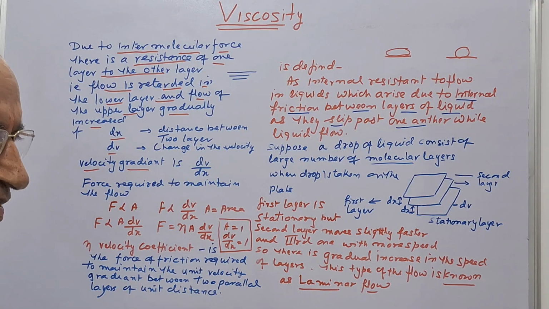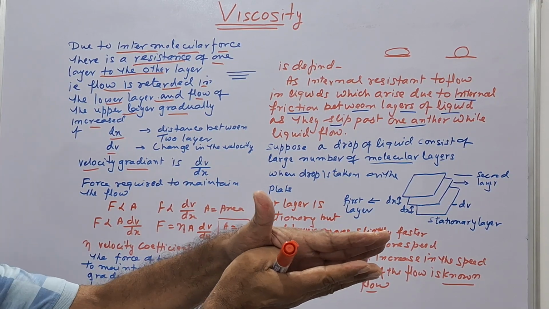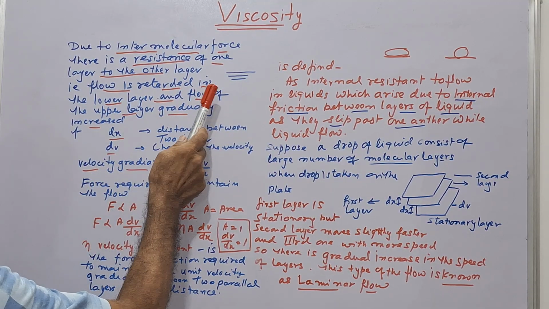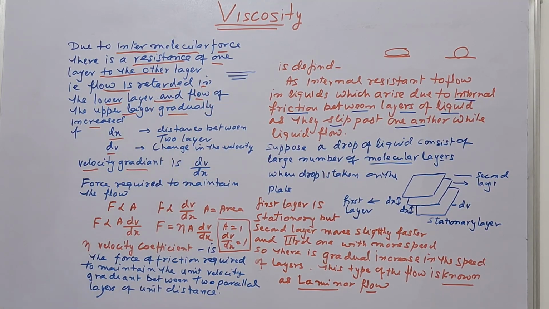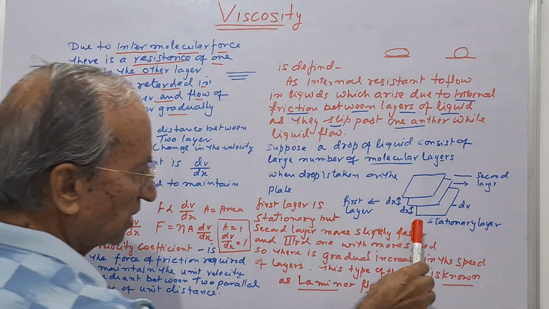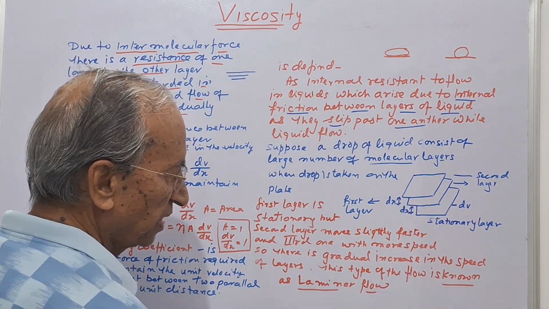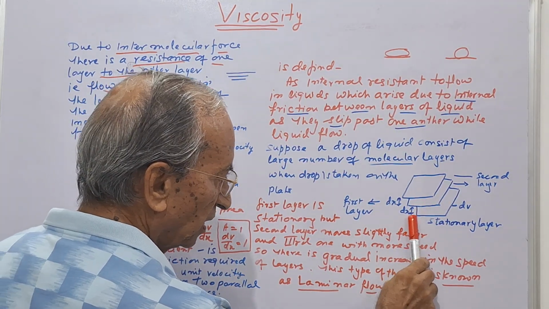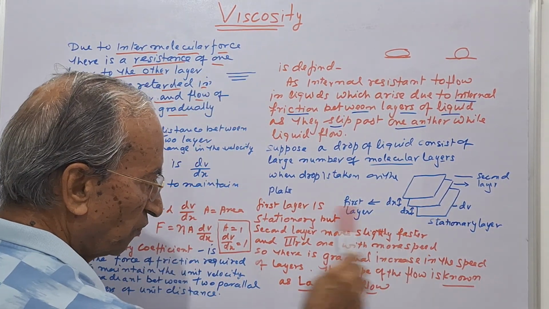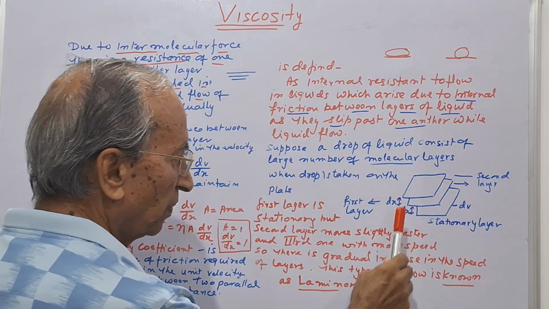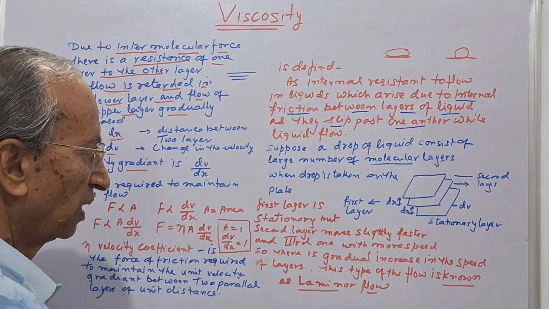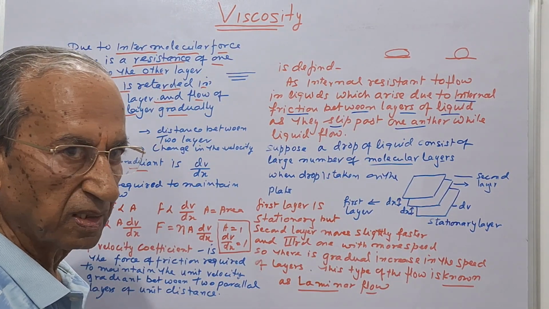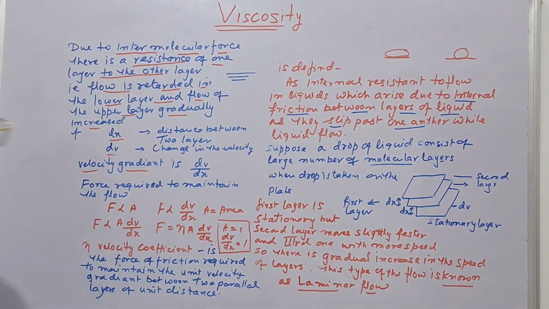Listen, retarded means a friction force between the two layers. The flow is retarded in the lower layer and then the flow of the upper layer gradually increases. So suppose this is the stationary layer, this is the first layer. Now when this first layer flows upon the stationary layer, there is a frictional force between the two layers, but when the third layer comes in, its speed on the second layer will increase because the friction force will be less.